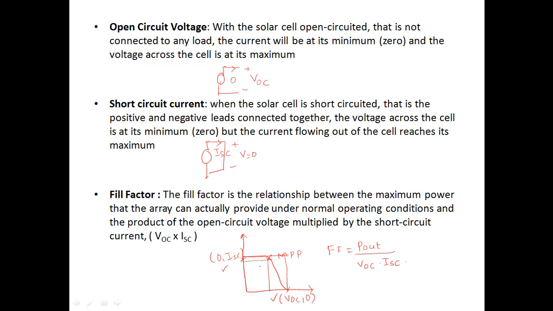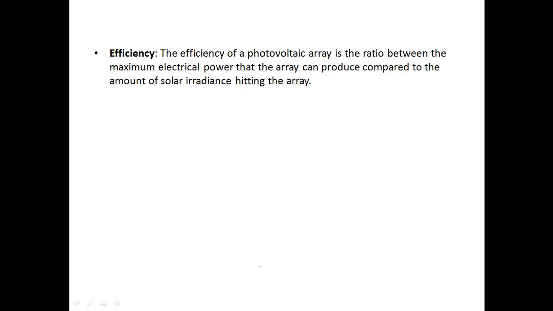But typically the values of fill factor range from 0.7 to 0.8. And efficiency is straightforward. Efficiency gives the ratio of the maximum power generated by the solar cell to the amount of the solar irradiance hitting the array. Okay, so now that we have learned what each of these terms mean, let's go ahead and solve the problem.